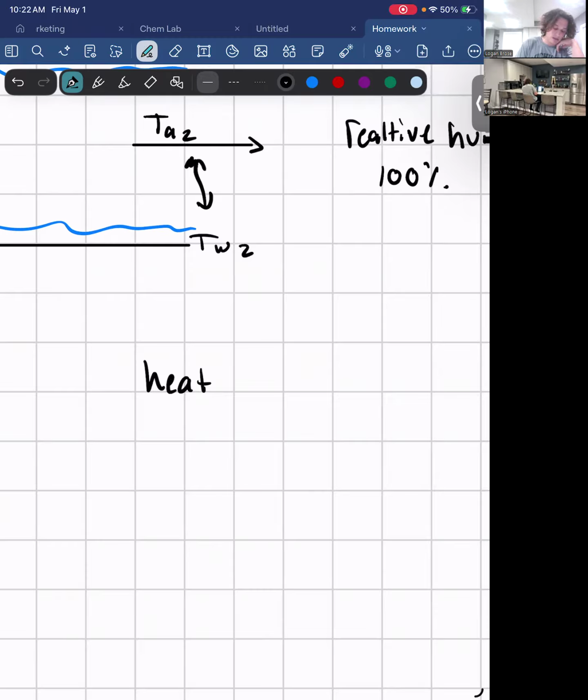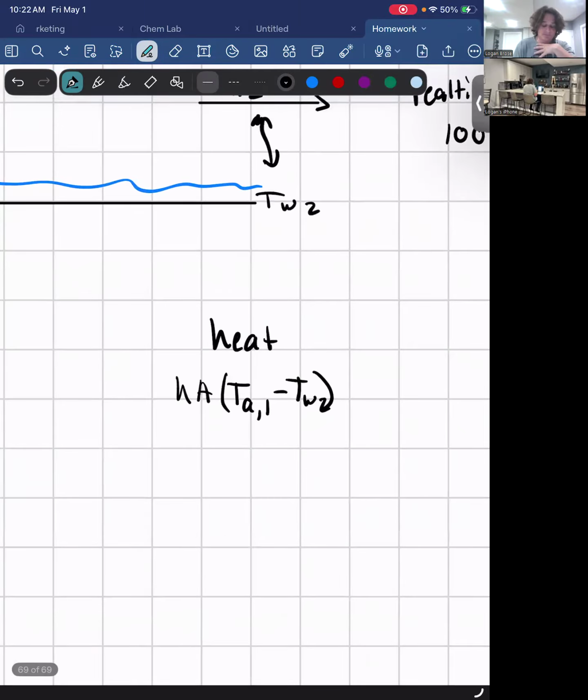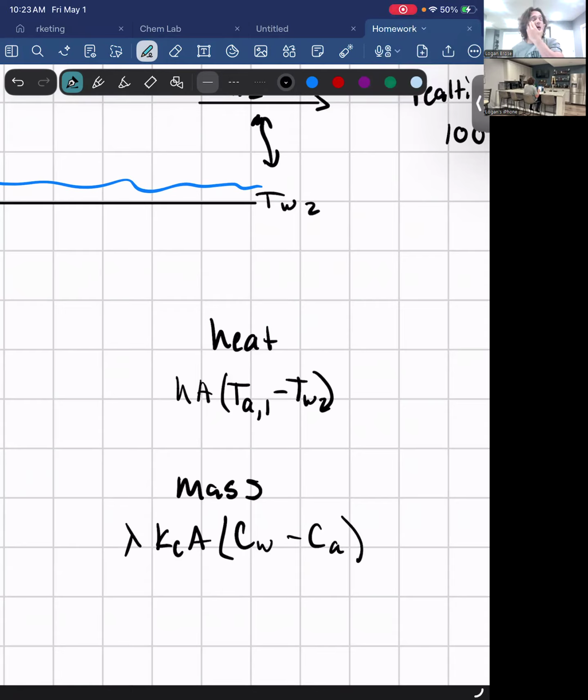So for heat, once again, we have our HA, and then for temperature we have T air 1 minus T air 2, but that equals our T water 2, so we can say TW2, and that's still in joules per second. And then for mass, we have our KcA times the concentration of the water minus the concentration of the air, and once again times our lambda to get to joules per second.